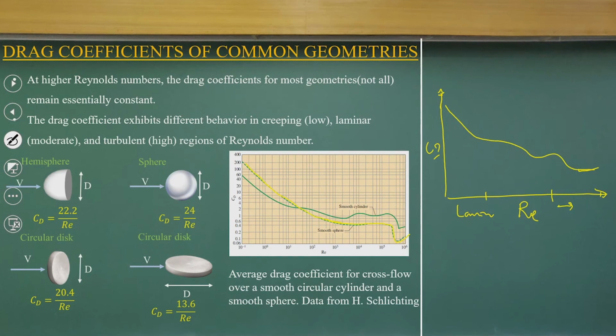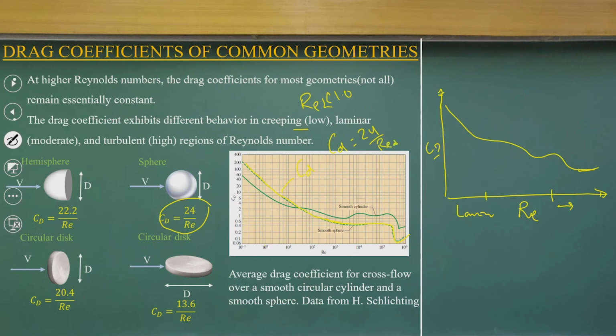This linear part is when the flow is laminar, or very creeping, with Reynolds number much less than 1. That is called creeping flow. For that we can define a simple function of Reynolds number, because it is a linear function. For a spherical body, Cd is 24 by Reynolds number.